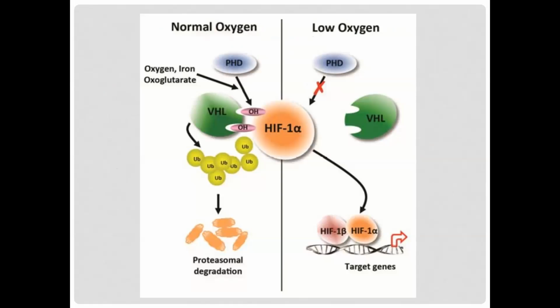So with oxygen, you hydroxylate it, you bind the von Hippel-Lindau protein, it's ubiquitinated, it's degraded. Otherwise, none of that happens, and it forms a heterodimer with HIF-1 beta. It then translocates to the nucleus and activates the transcription of target genes.